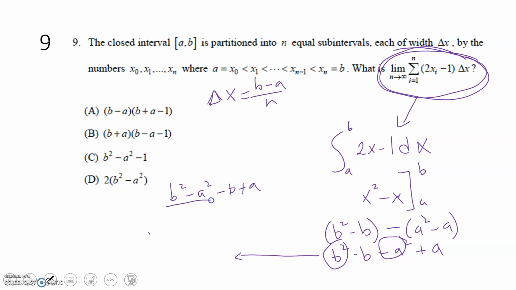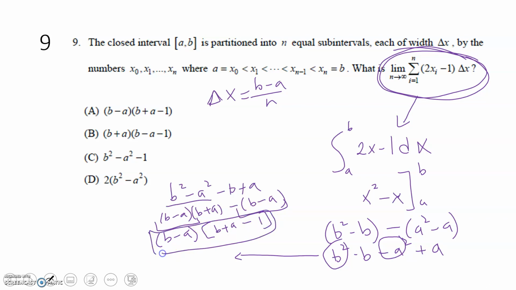This first piece here is really just b minus a times b plus a. And this second piece over here is minus, if I pull out that negative, b minus a. I'll notice here that both parts have this b minus a. Factoring out b minus a leaves me with b plus a minus 1, which, if we look closely, we see matches option A.